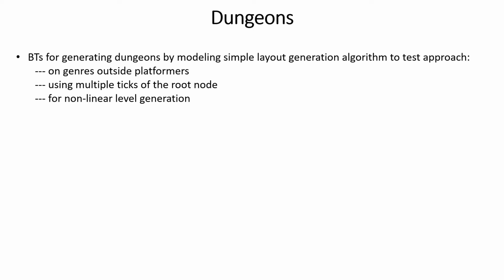So in the previous two cases, the behavior trees were all generated using a single tick of the root node, and so we wanted to test using multiple ticks as is more typical of behavior trees. Additionally, due to the linear nature of the Mario and Mega Man levels, we used a very linear generative process, and so by generating dungeons, we wanted to test a more non-linear generative approach where levels have to sort of loop around and not always follow a strictly linear path from start to finish.